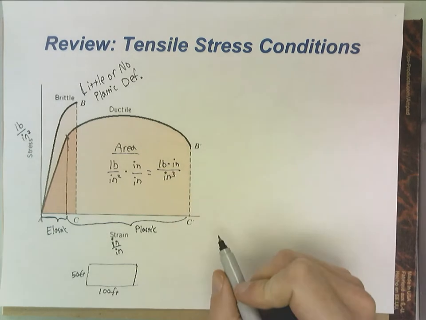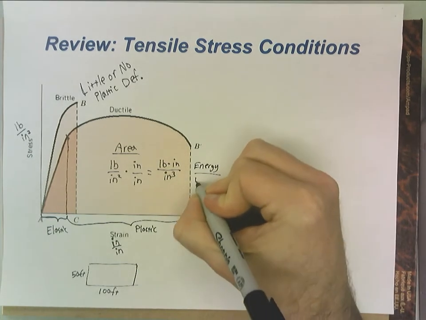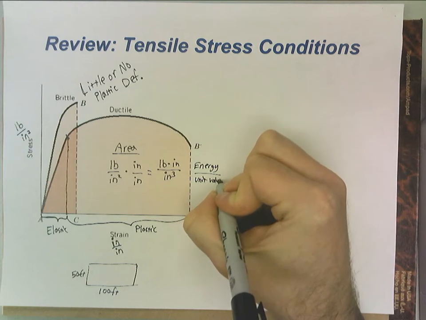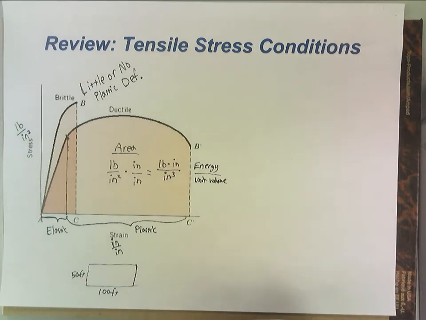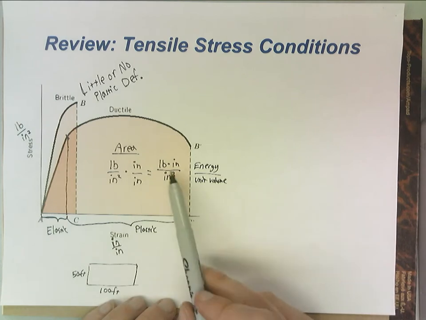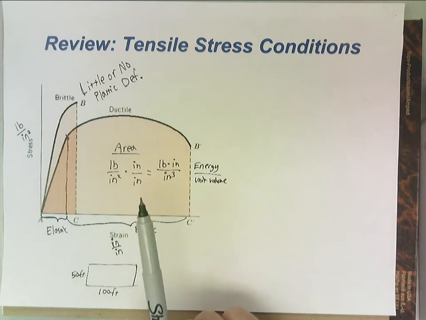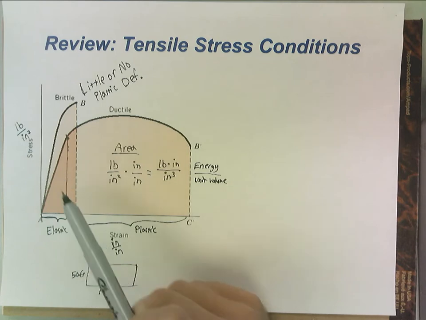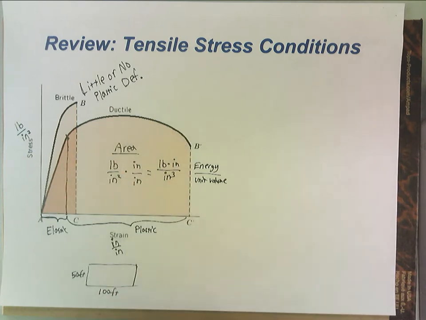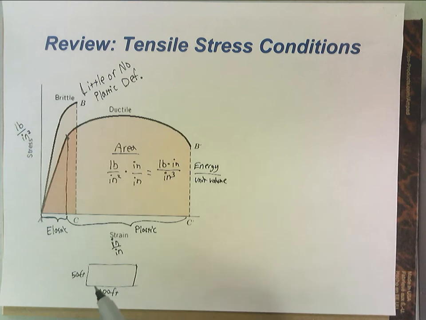Inch cubed. So what is that? That's energy per unit volume. So energy per unit volume is your area under the curve. That is the energy it takes to perform this tensile test and deform and break this sample specifically.